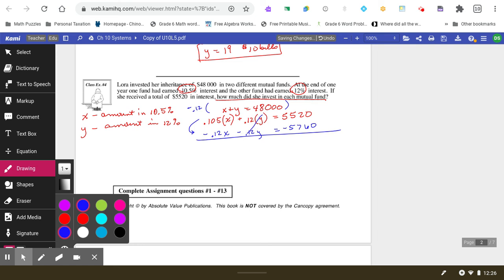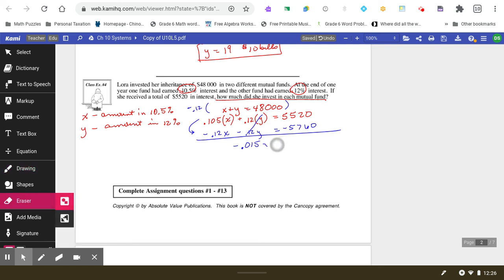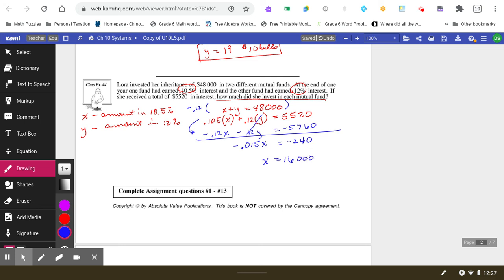I'll have 0.105 minus 0.12, which will be a negative 0.015x equaling, whoops, that is very messy. And 5760 minus 5520 is going to be negative 240. It's okay if it's a negative because the other side is a negative. And now I will divide by negative 0.015 and get x to be 16,000.